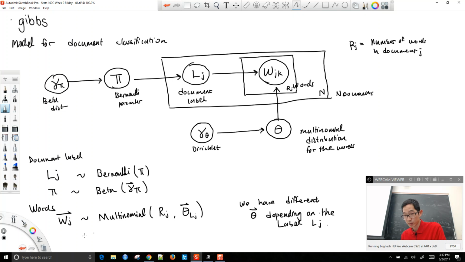And then that vector theta itself comes from a Dirichlet distribution, which is similar to the beta, with hyperparameter gamma. So this is our representation of how we are generating our documents, which are represented as bags of words.